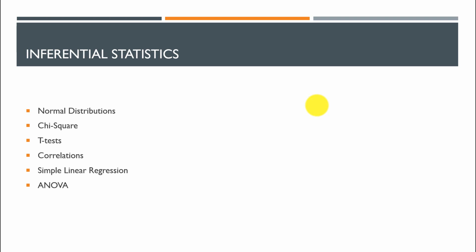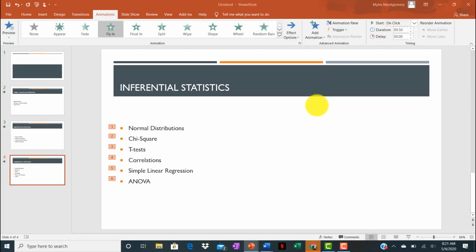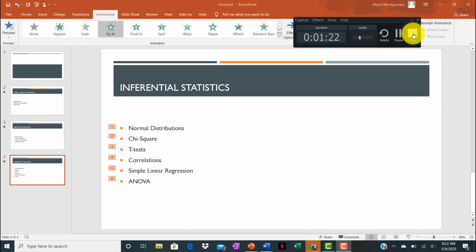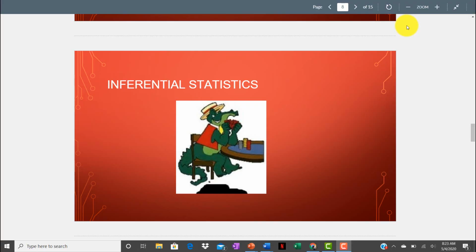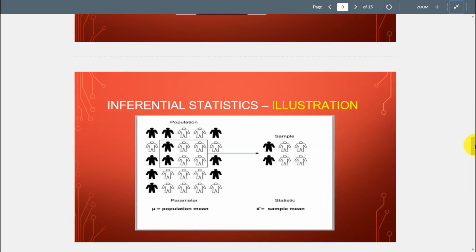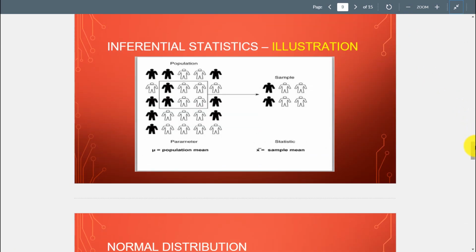So again, we'll take a little more in-depth look at the inferential statistics now. Okay, we look at inferential statistics, which was the second variety of statistics we looked at after descriptive.